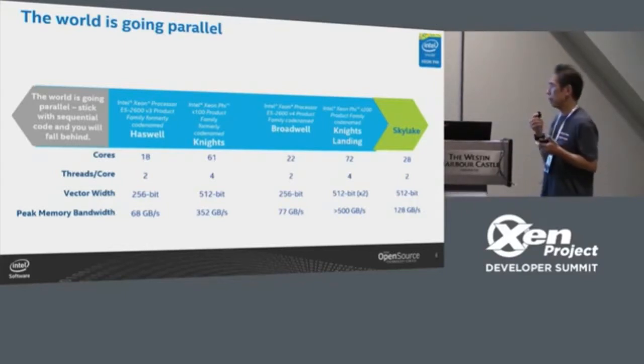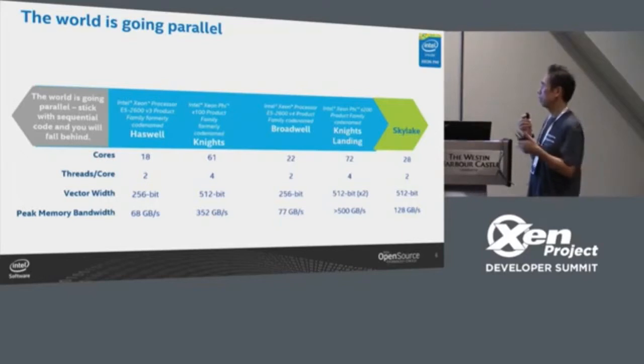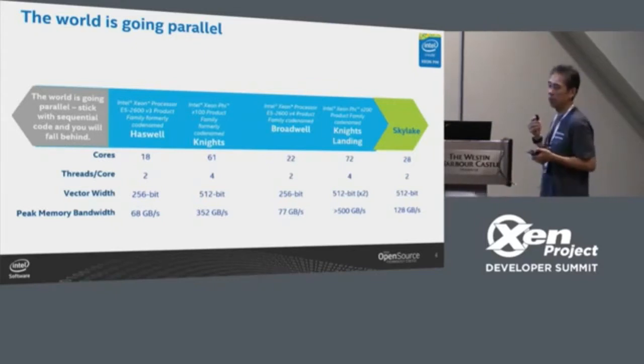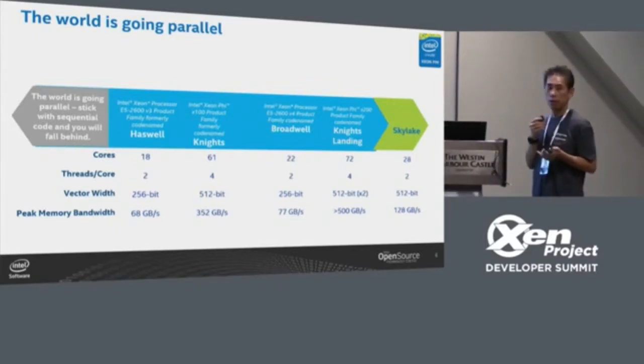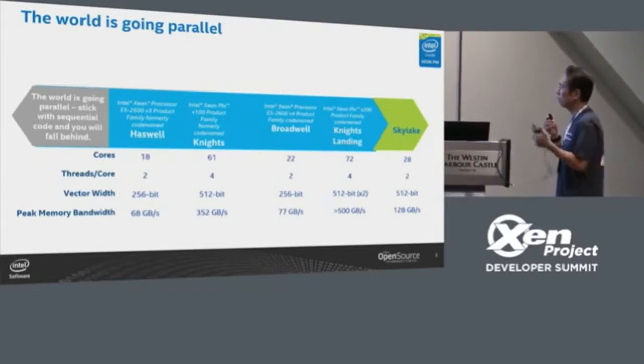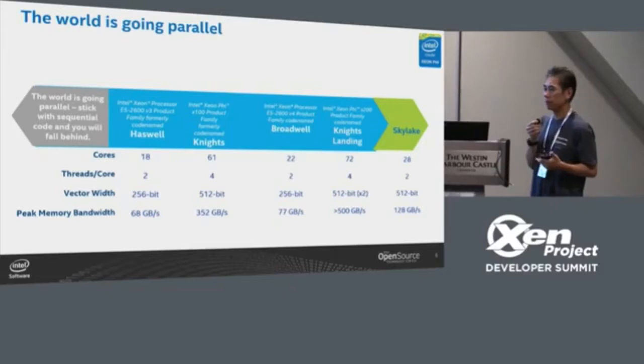If you compare the number of cores with the Xeon Haswell, Knights Landing has many more cores. Threads per core is basically 4. So the number of logical processors is a lot, actually 288 on Knights Landing. And also the vector width, which is required for vector instructions.